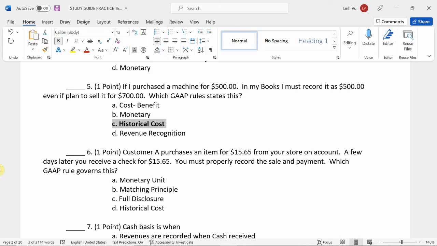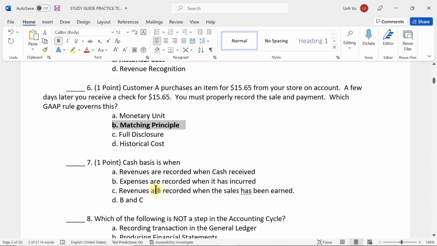Would it be B? Matching principle, yes, because your expenses match your revenues. In this case, when you sell a product, you're receiving the exact amount. So yes, you are going to properly record the sale and the payment. So in this case, yes, it is the matching principle.